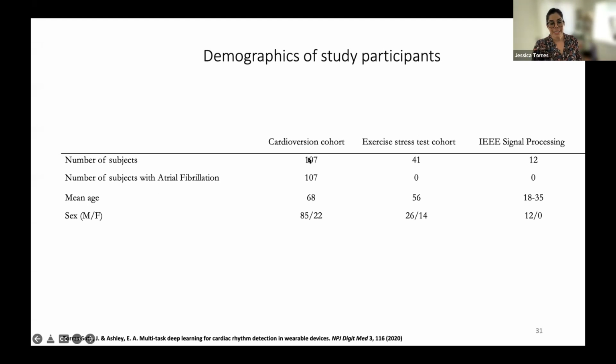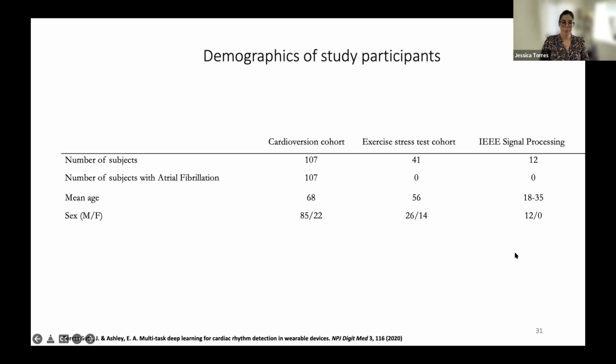So we consented 107. I also consented an additional 41 who were going through stress tests and different types of cardiovascular tests, but these individuals have other cardiovascular issues besides AF. And then we pulled an additional 12 people from the only publicly available data set that was available at the time.